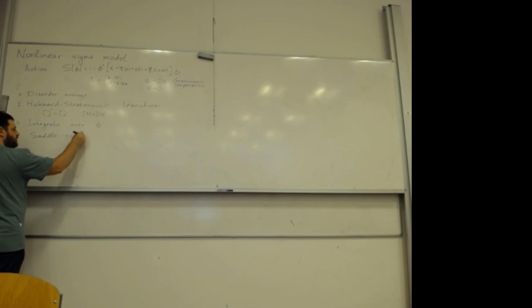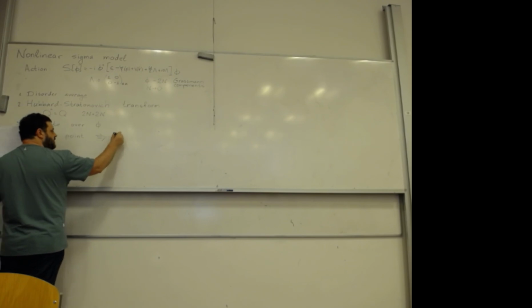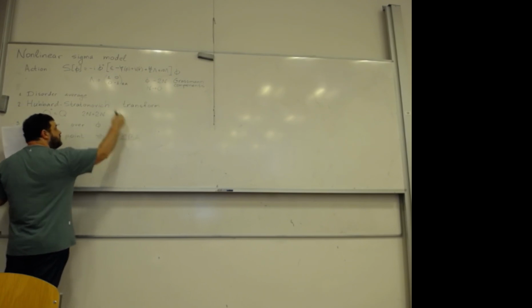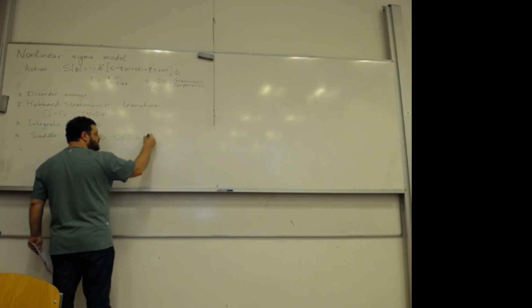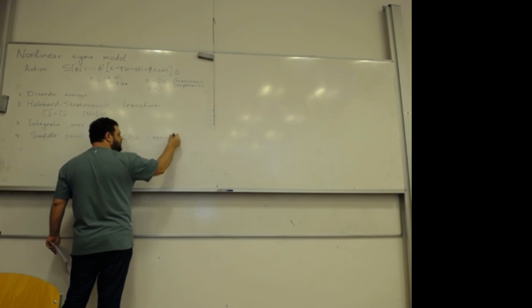We found that the saddle point is equivalent to the self-consistent Born approximation for the original result. This way we more or less include all the non-crossing diagrams; self-consistent Born is the same as non-crossing, it takes into account non-crossing diagrams.